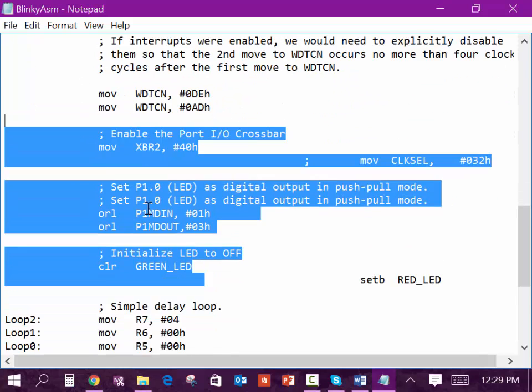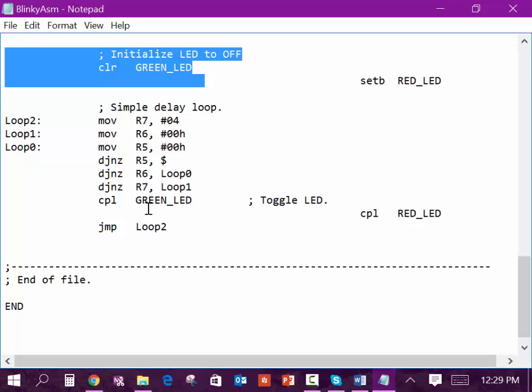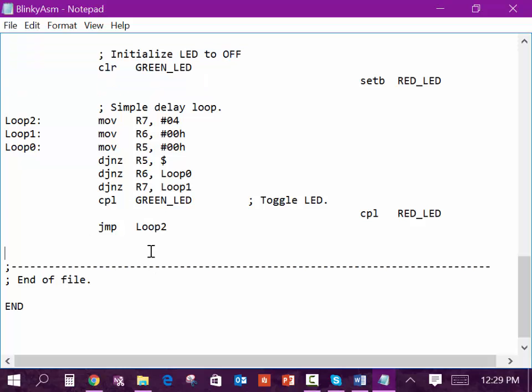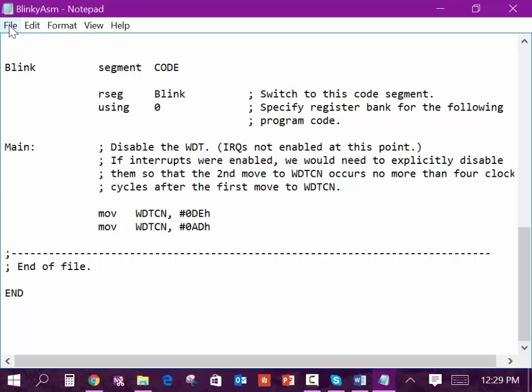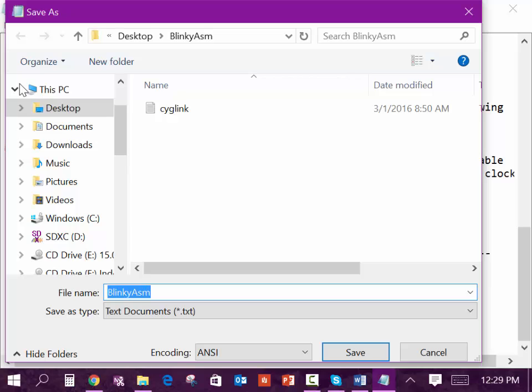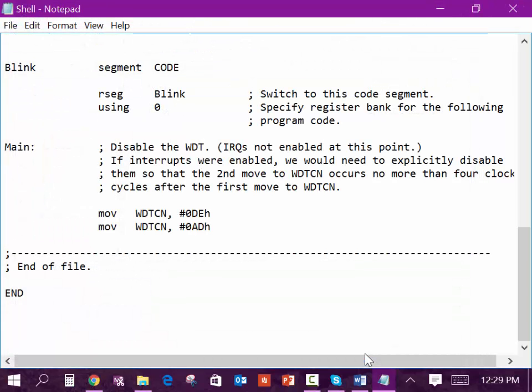The simple delay loop, that's all for Blinky. So everything here, just ignore that, just delete it. Use the shell just as it is. Let me delete that and do File, Save As, and I'm going to call it shell.asm. I'll post that probably tomorrow because I won't have time this afternoon.